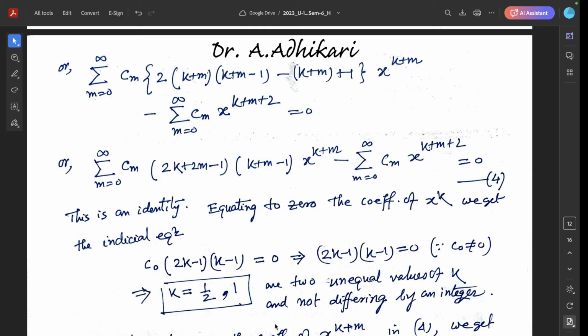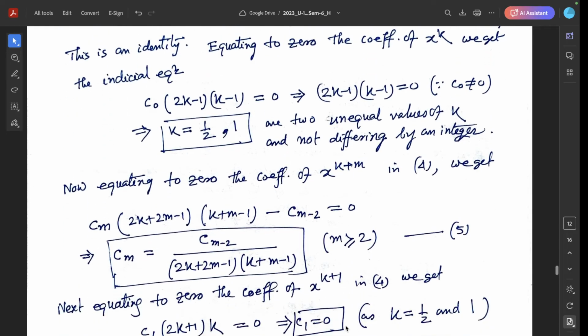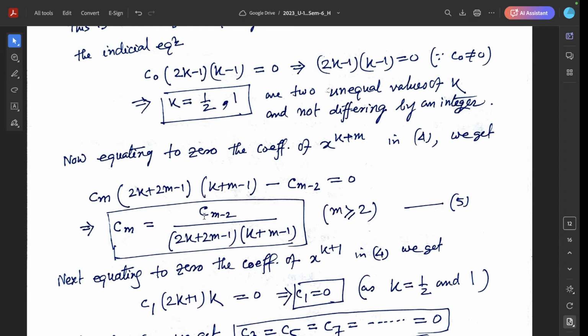Now equating to 0 the coefficient of x to the power k plus m in 4, we get c_m (2k plus 2m minus 1)(k plus m minus 1) minus c_(m minus 2) equal to 0. So c_m equals c_(m minus 2) divided by (2k plus 2m minus 1)(k plus m minus 1), m greater than or equal to 2.